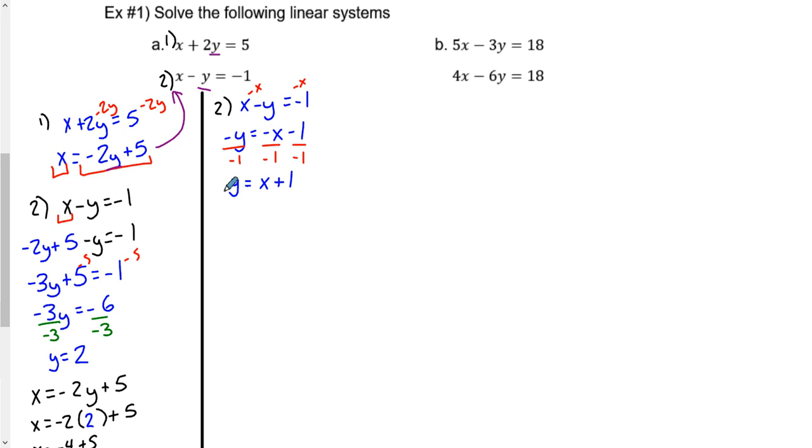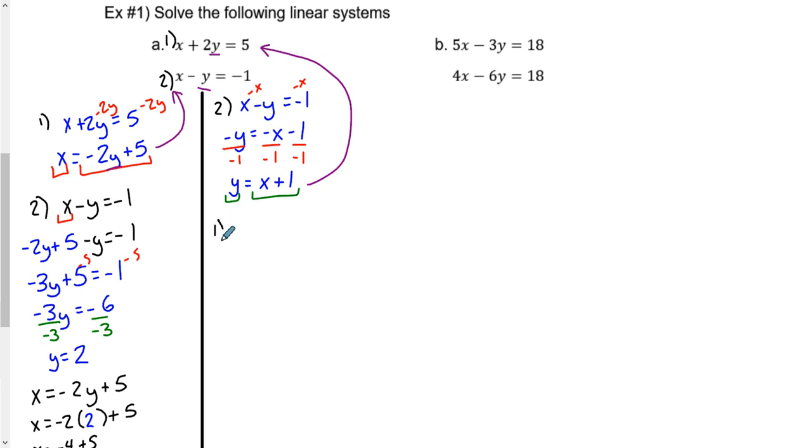So I've manipulated, got one thing by itself. So now that I've used equation 2, I'm going to take this y, which is x plus 1, and I'm going to take that from equation 2, and I'm going to plug it into equation 1.